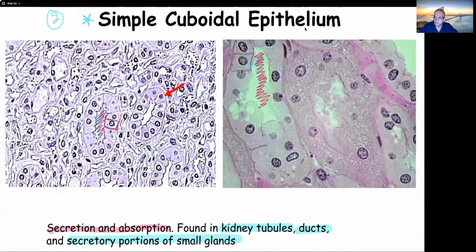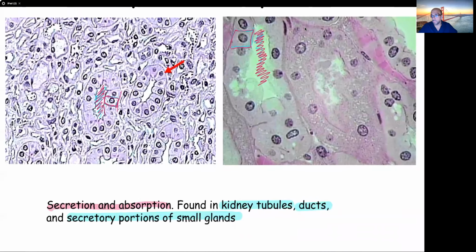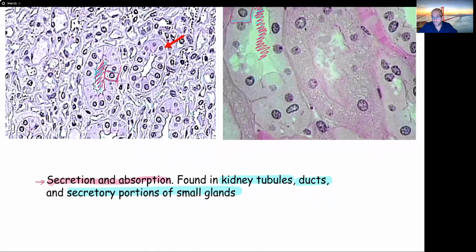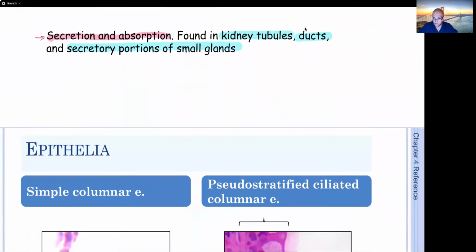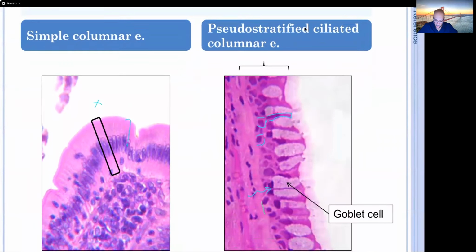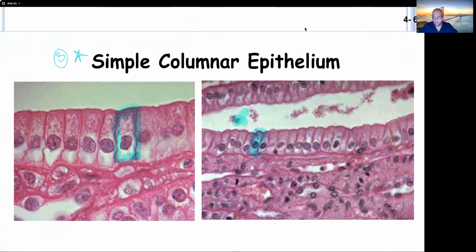This is a simple cuboidal epithelium. Simple cuboidal epithelium is going to be responsible to allow secretion and absorption. It's going to be found in the kidney tubules, ducts, and the secretory portions of the small glands. Also on the outer surface of the ovary.